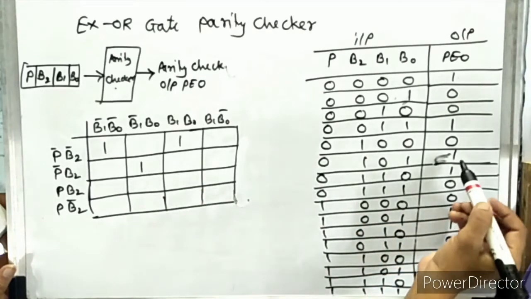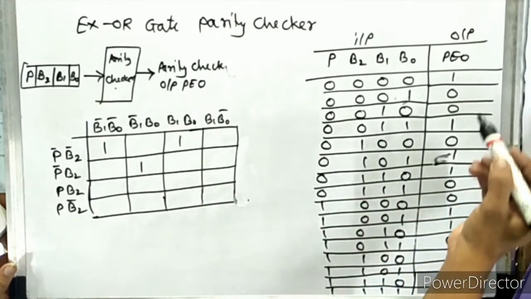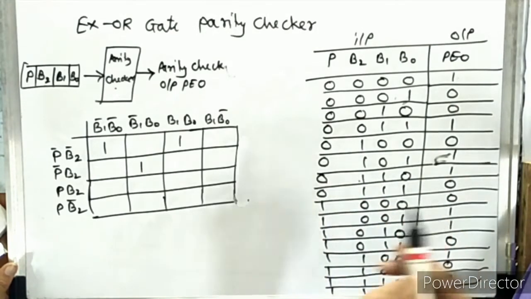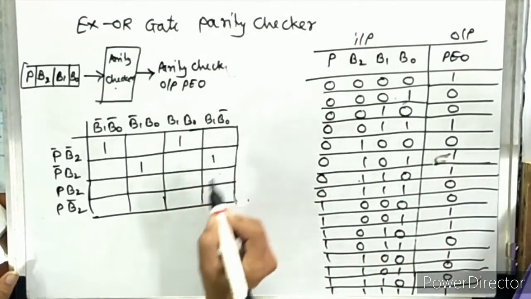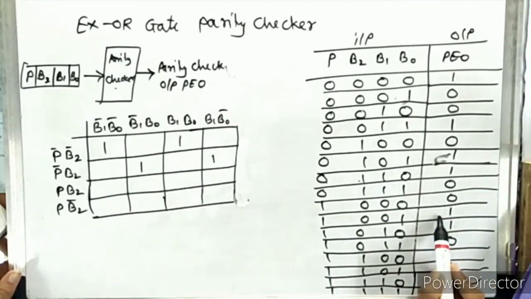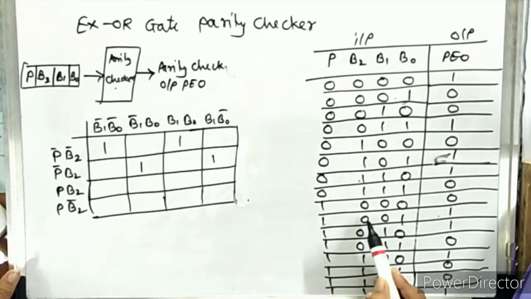Next is here. That is P bar B2 B1 B0 bar, so over here. The next is here, P B2 bar B1 bar B0 and P B2 bar B1 B0 bar.